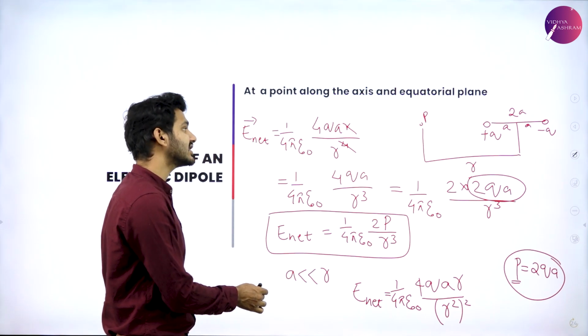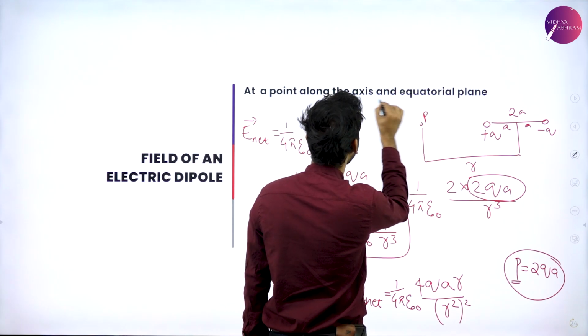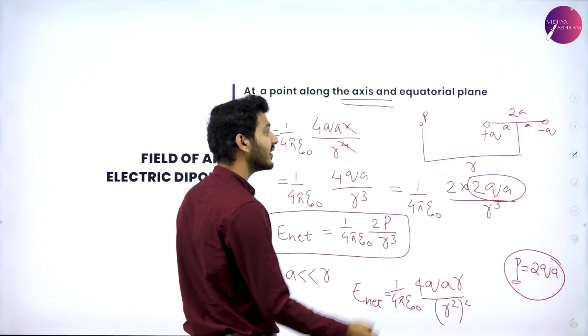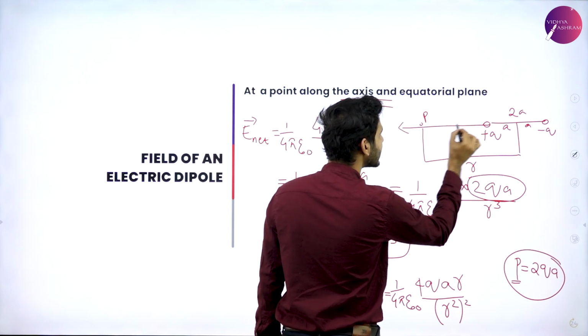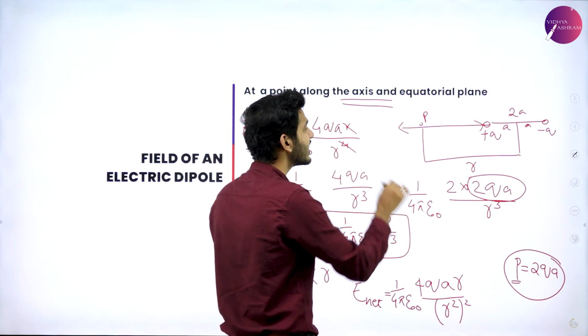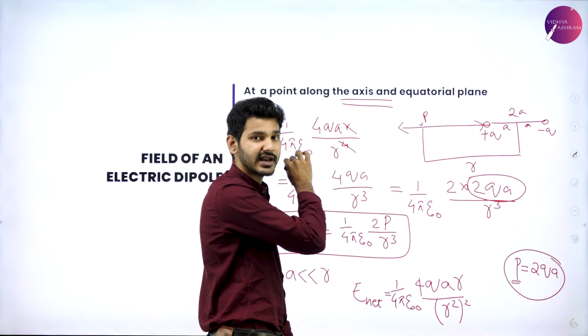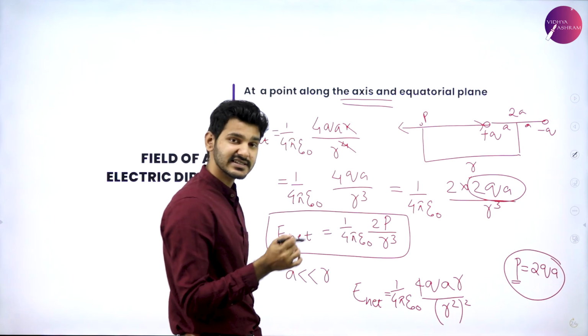The net electric field at point P, this is known as the axial point. When we are taking a distance along this line, in this direction or in that direction, it doesn't matter. If we are taking it anywhere along a straight line in this direction, then this is known as an axial point.